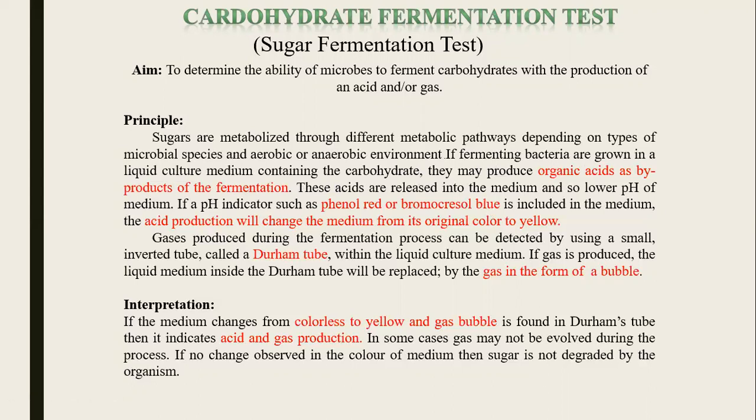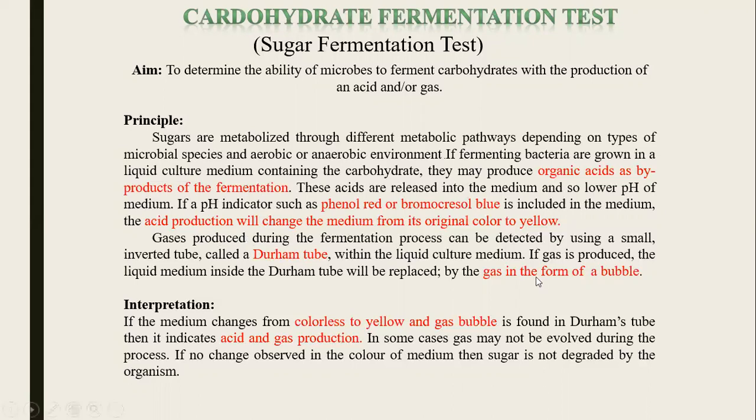The production of acid is detected by the change of the color of the medium to yellow. Yellow color indicates a positive test for acid production. And gas production is detected by inserting Durham's tube in inverted position in the culture medium.